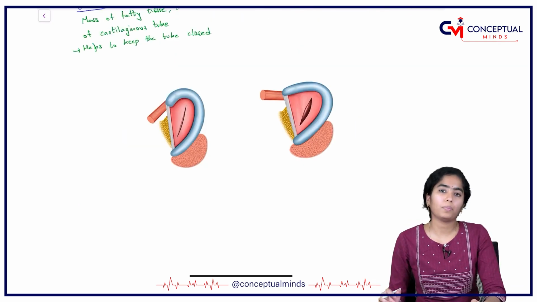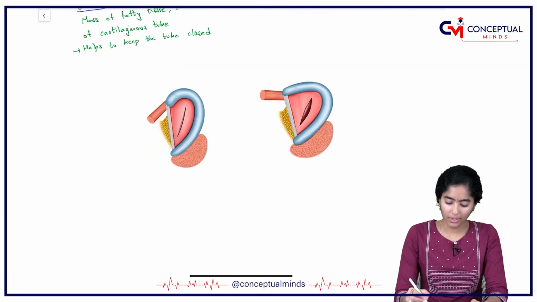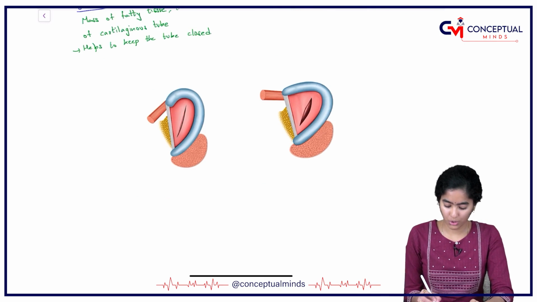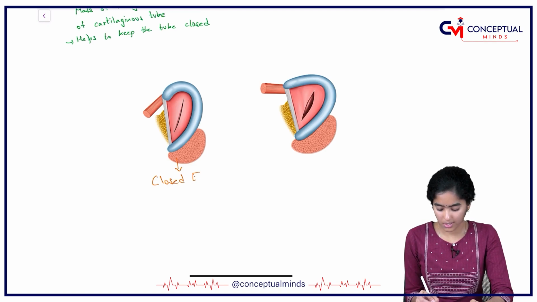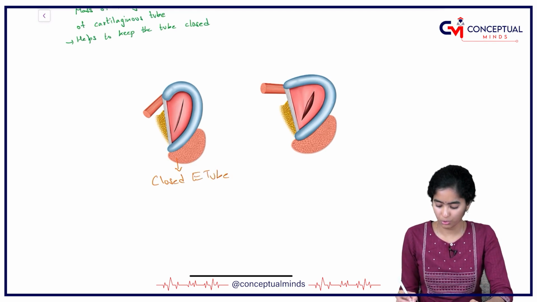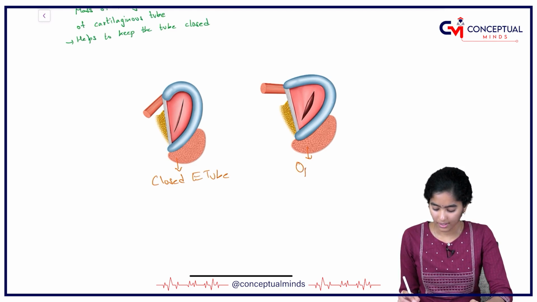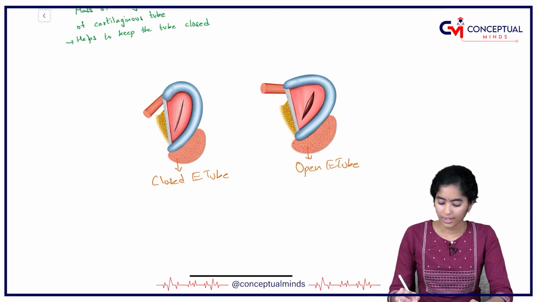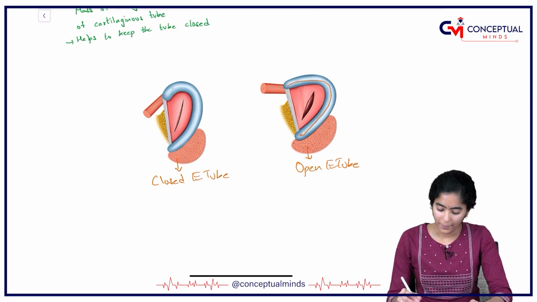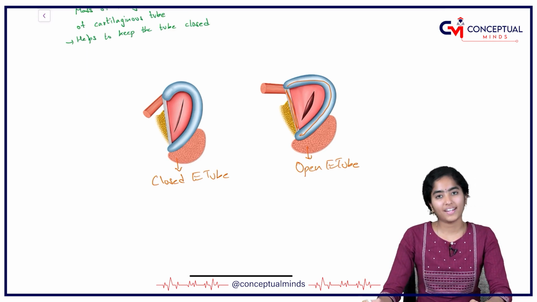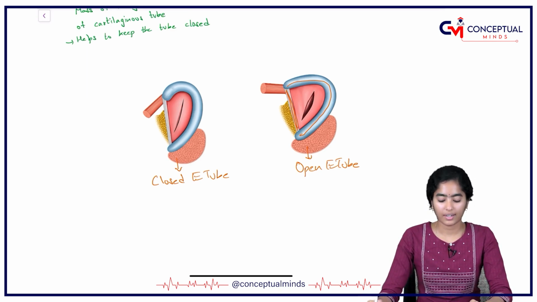Now here are two pictures showing the open tube and the closed tube. Here the tube is closed. This is a closed Eustachian tube, and this is an open Eustachian tube. This entire part is cartilage, medial lamina, and the small part is the membranous part present on the lateral lamina.